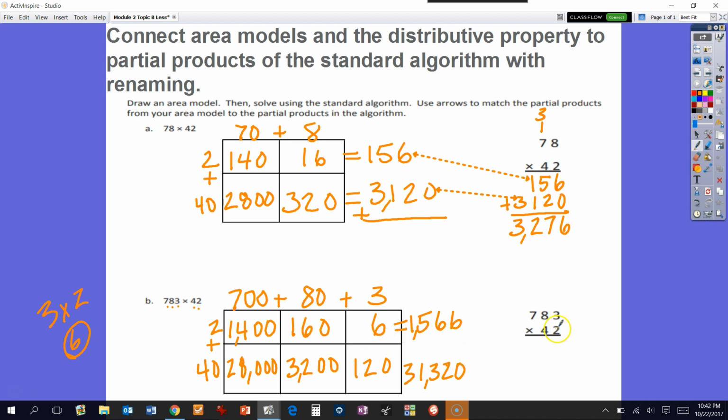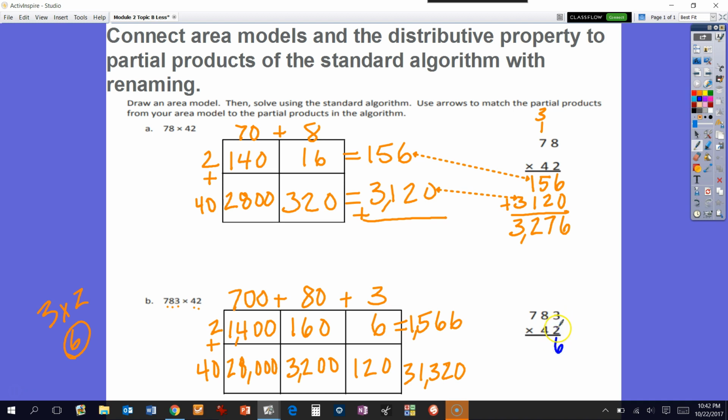These are my two partial products, and we'll see them come out when we multiply the 2 times all 3. We distribute it to all 3 digits in the first factor, and then we're going to distribute the 40 to all 3 digits in the first factor. Alright, so let's go ahead and get started.